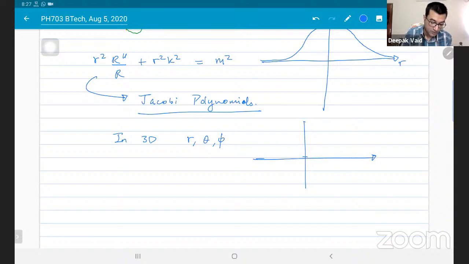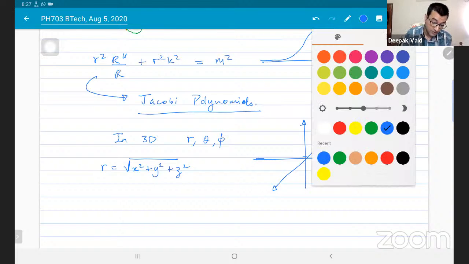So spherical coordinates are, r is just the radial parameter. R as usual is just x square plus y square plus z square. This theta is called the, well, one is called polar and one is called azimuthal. I always forget which one is which.